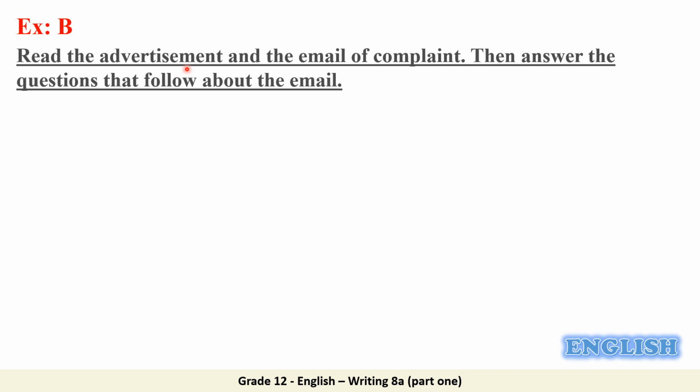The advertisement is on the left. On the right, we have an email of complaint. So someone bought those speakers, those headphones, and now they are complaining about it. You're supposed to answer the questions that follow, and the questions are about the email.